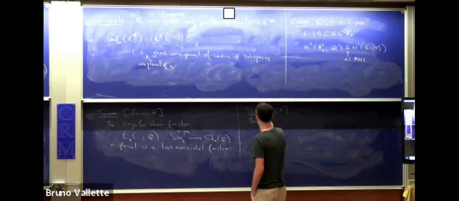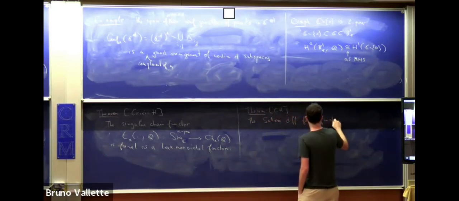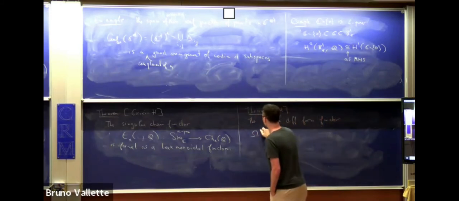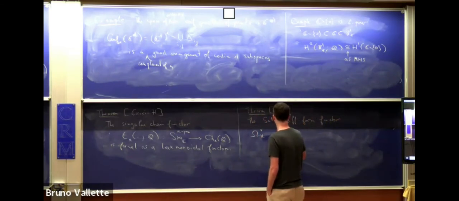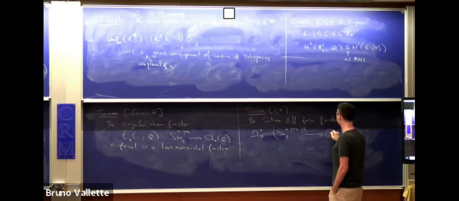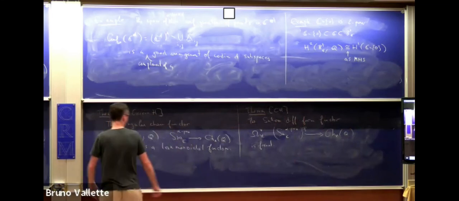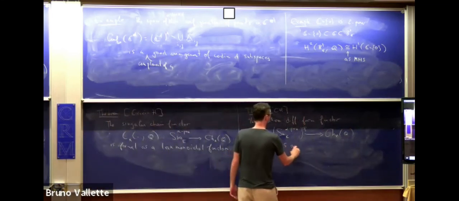So the Sullivan differential form functor, Omega^*_PL, from the opposite of this category to chain complexes over Q is formal as a lax monoidal functor.